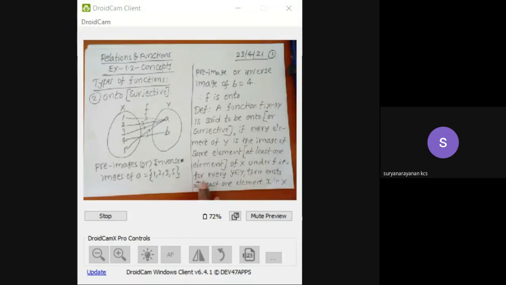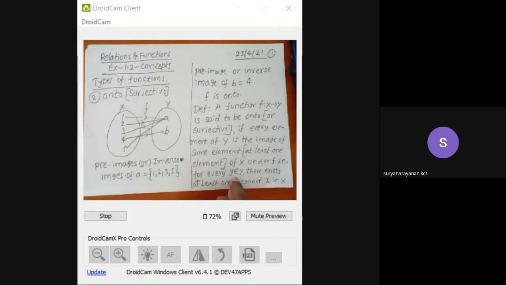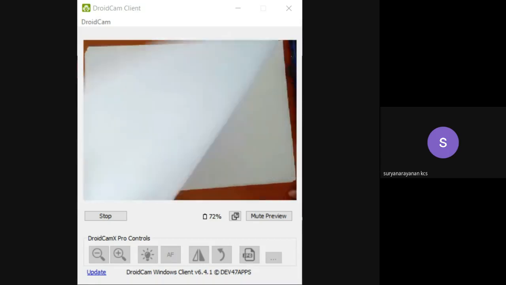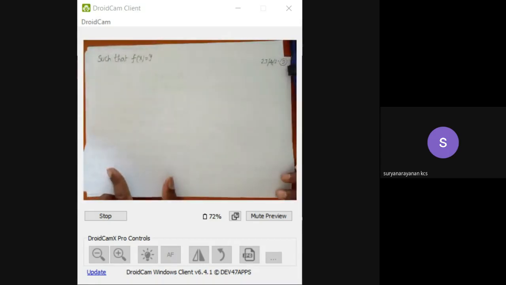That is, for every y belongs to Y, there exists at least one element x in X, such that f of x is equal to y.